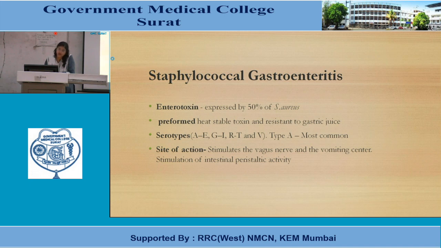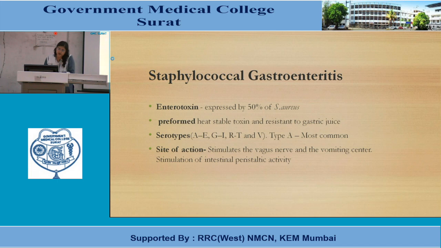The site of action of staphylococcal enterotoxin is the vagus nerve. So it stimulates the vagus nerve and the vomiting center, leading to intense nausea and vomiting, and it also stimulates the intestinal peristaltic activity. Diarrhea is less common.